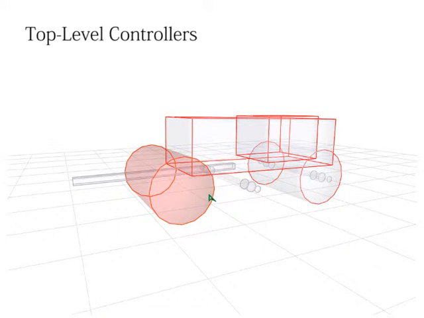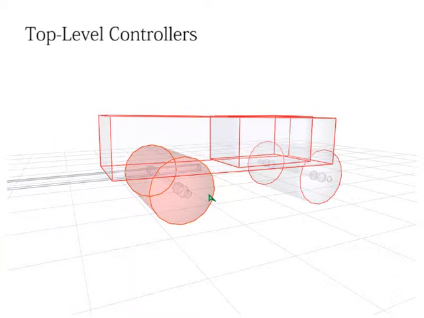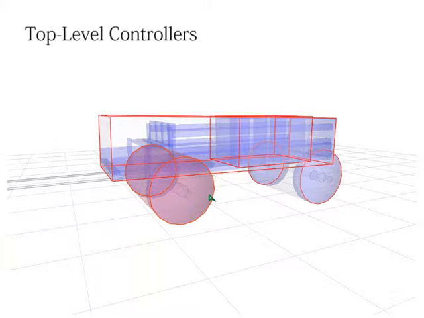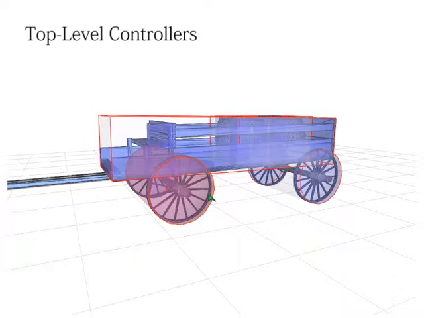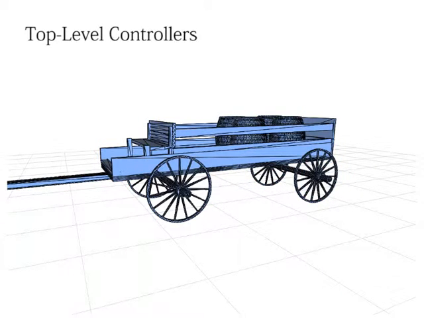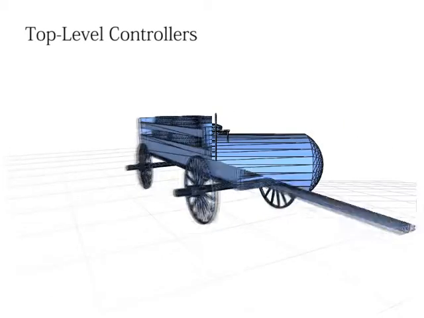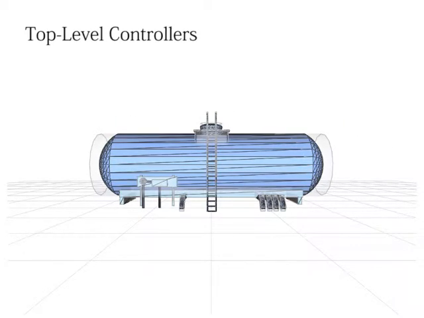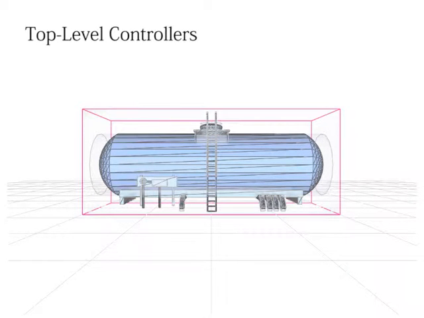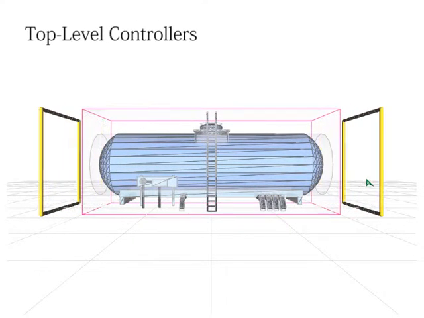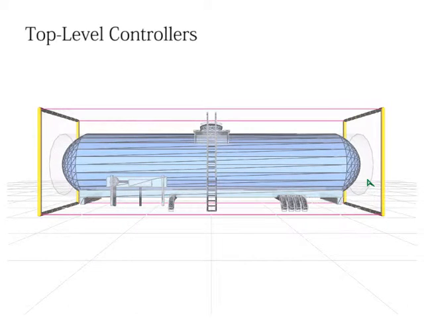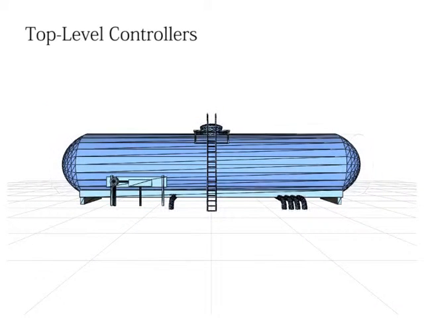The edit is automatically propagated first to other controllers at the same level, then down to the lower-level controllers, and finally to the original geometry. Such controller hierarchy minimizes the number of controllers that the user needs to directly manipulate. For example, we only need to manipulate one controller to achieve resizing effects while still preserving the structural features.